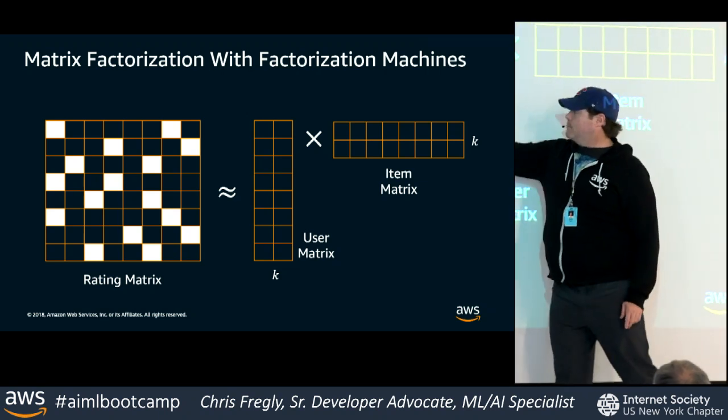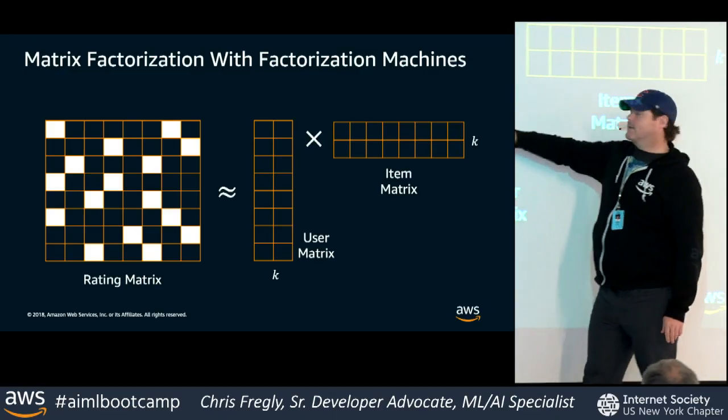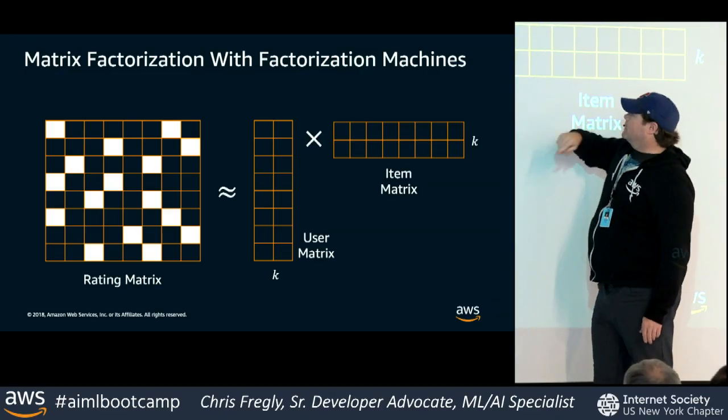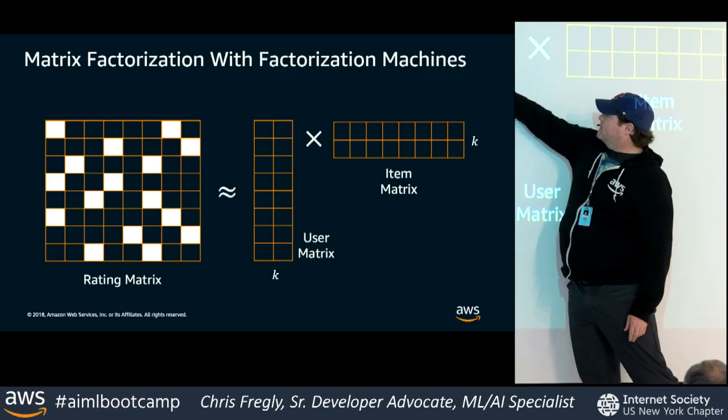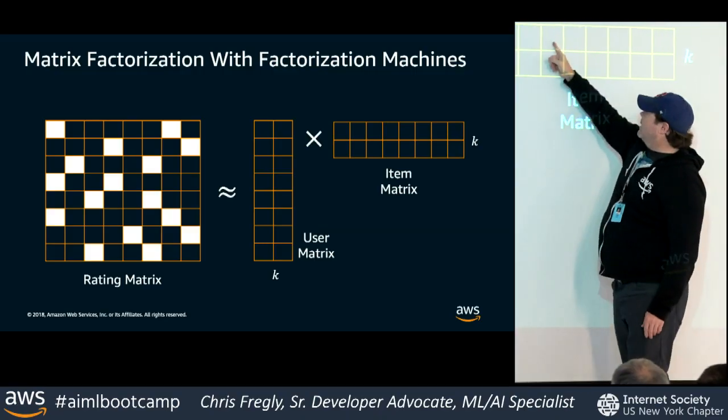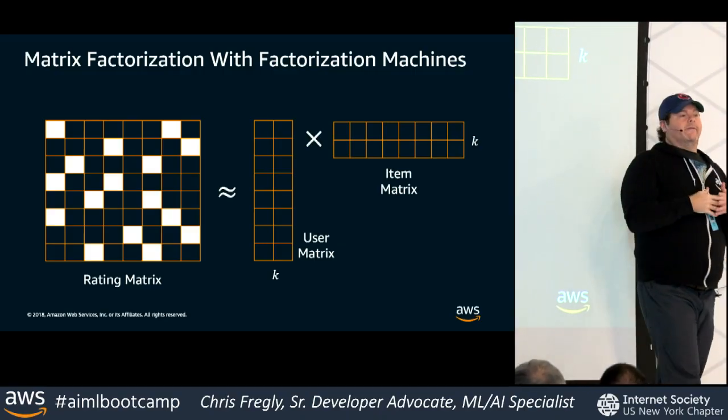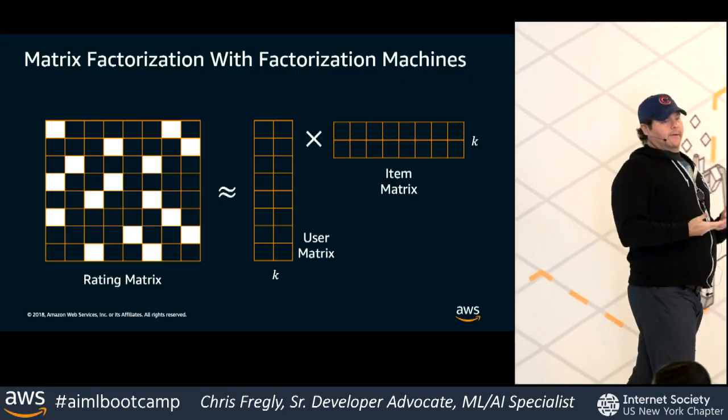It will never be completely equal. It's just an approximation. What you could do then is for this particular user and this particular item, I could just multiply those and figure out what the predicted rating is.